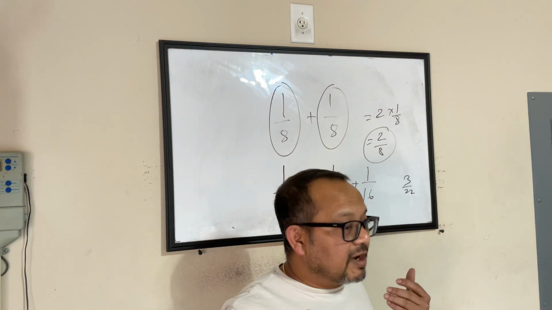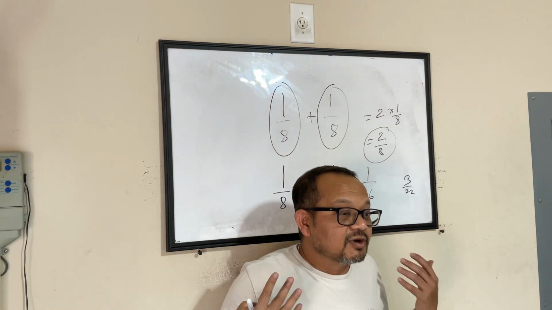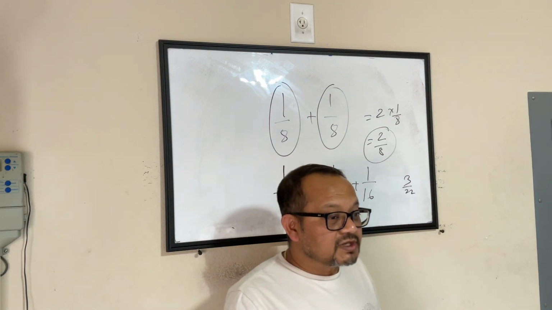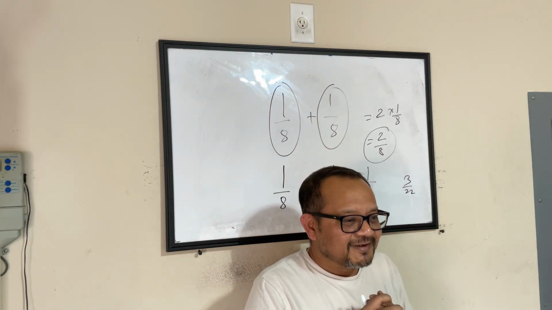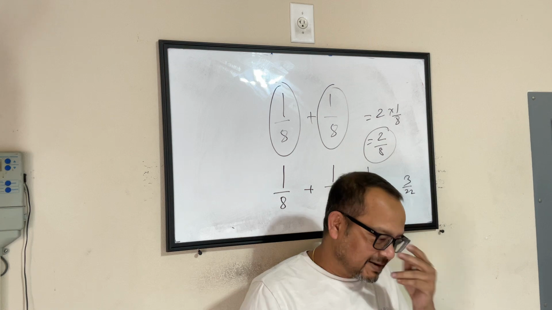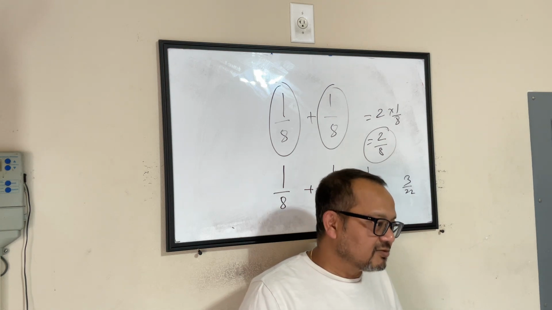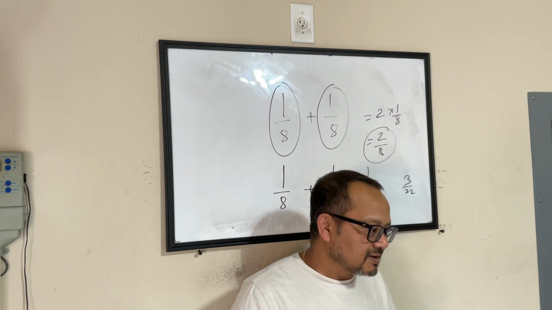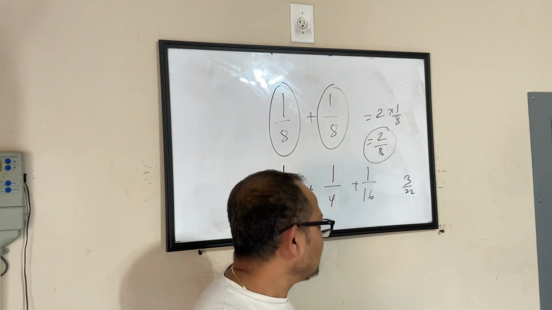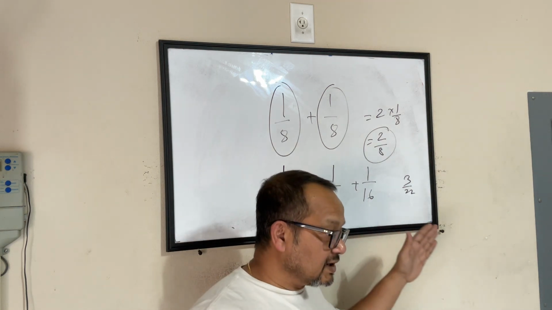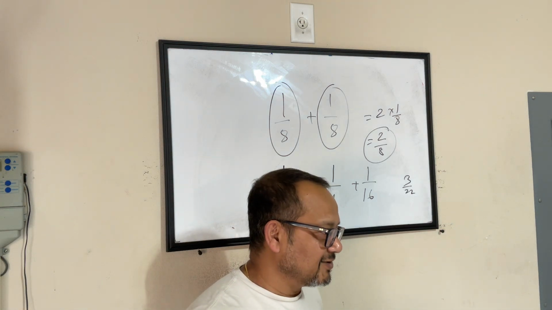Now, my question is not the answer. I don't want the answer. What I want to know is, what did you guys do to get 3 by 28? I added. I got 5 over 16. Okay. I did 8 plus 4 plus 16, then added the unit fraction.